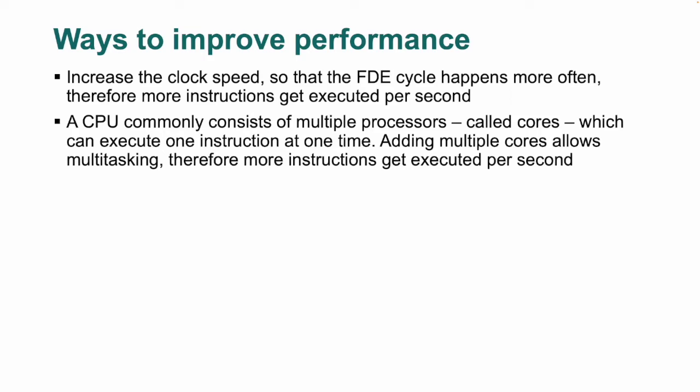But if we add multiple cores, that lets our computer really multitask. So, if we have one processor that can execute 1 billion instructions per second, and we add a second processor that can execute 1 billion instructions per second, we can now execute 2 billion instructions per second, in theory. It's not always that simple in reality, though.